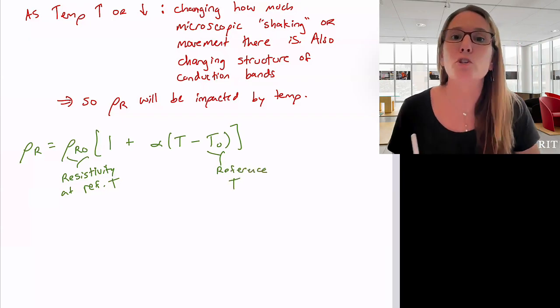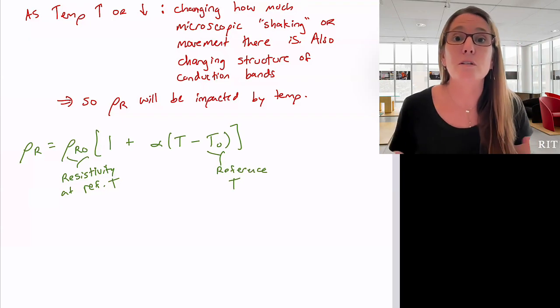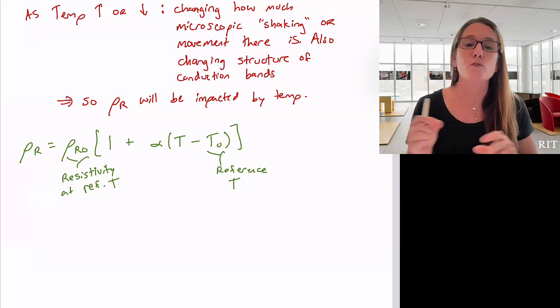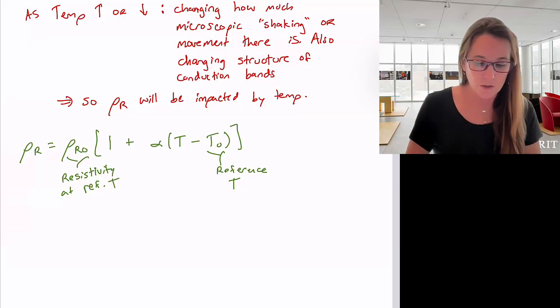So that could be room temperature, it could be freezing temperature, it could be whatever temperature you want. You can put that in and this equation is going to be valid.